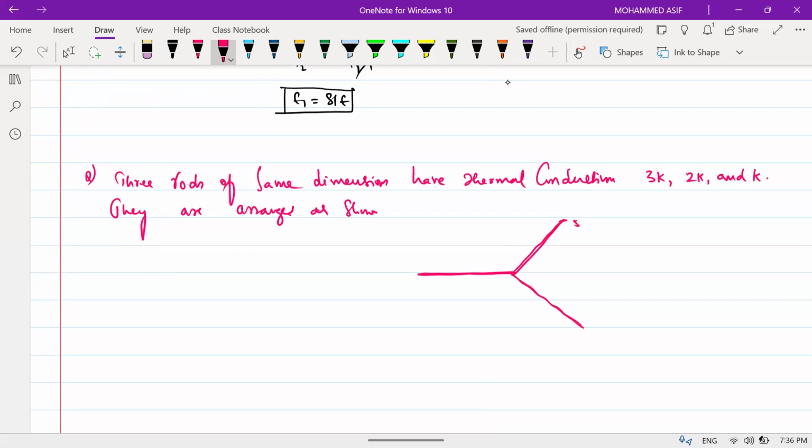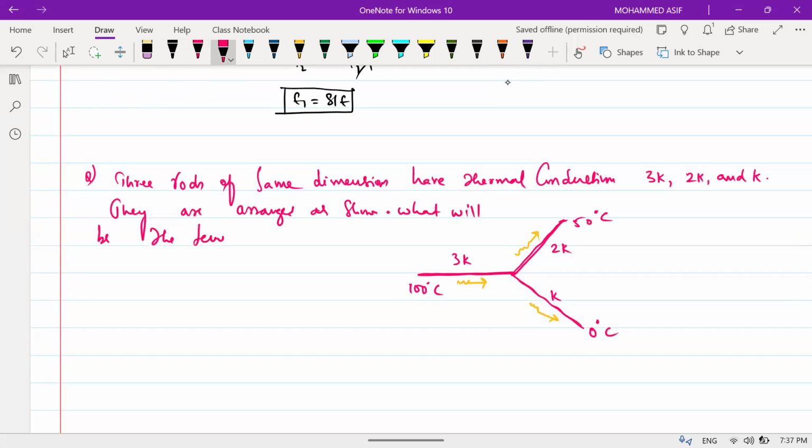This is 50 degrees Celsius, this is 0 degrees Celsius, this is 100 degrees Celsius. This is 3K, this is 2K, and this one is K. There is a flow of heat from here, and it gets divided here. It will go to here and to here. My question is, what will be the temperature of the junction?